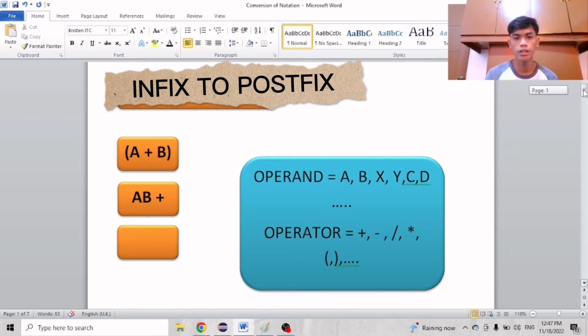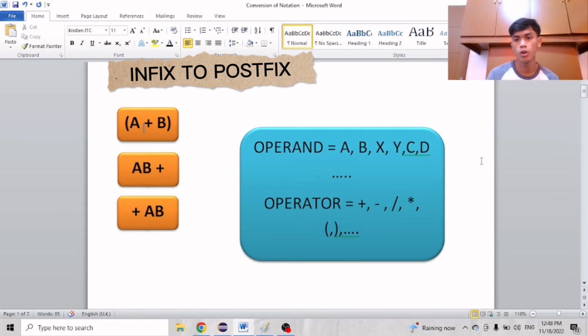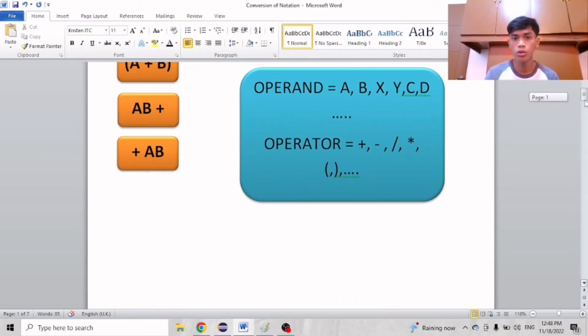And additionally, prefix. We put the operator first, before the operands. So the difference between the three is that in infix the operator is in between, in postfix it is after the operands, and in prefix it is before the operands. So there is no need to bother, it's all understandable.